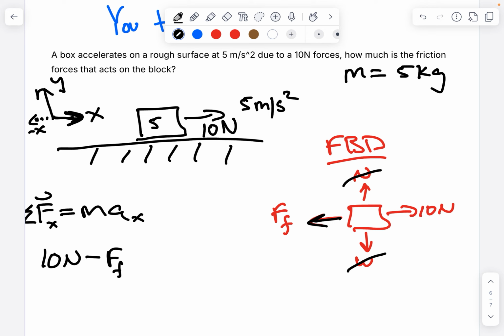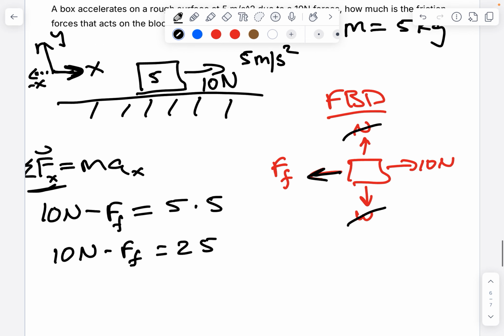So the sum of forces in the x direction is equal to 10 newtons minus the friction force. And this is equal to 5 kilograms times 5 meters per second squared. So we get 10 newtons minus friction force is equal to 25.